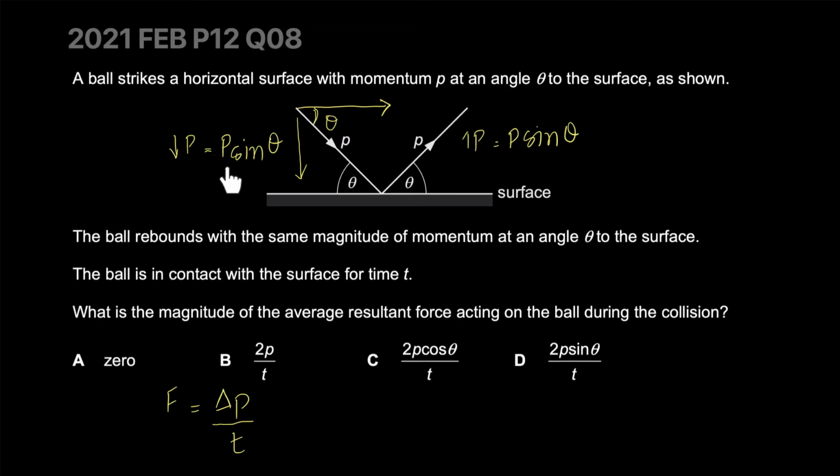So it had this momentum downwards, now it's upwards, so the change would be double this value. So the change in momentum is 2p sine theta over t. And our answer is 2p sine theta over t.